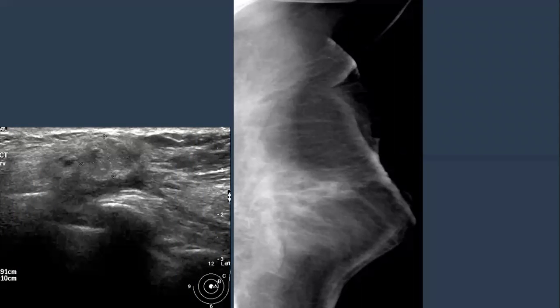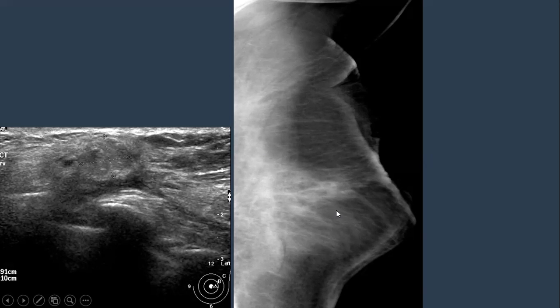It shows the mass-like, indistinct, surrounding larger area of distortion at the site of scarring. Cutting sign, extending toward the reactions going toward the skin.